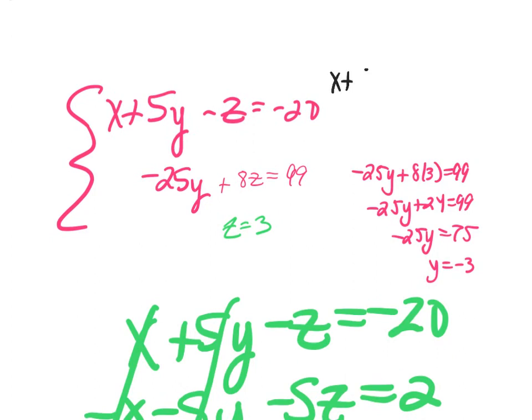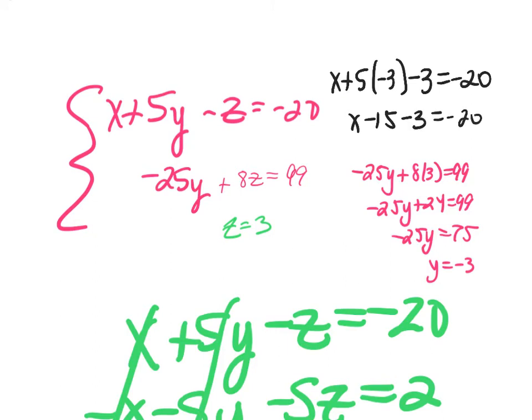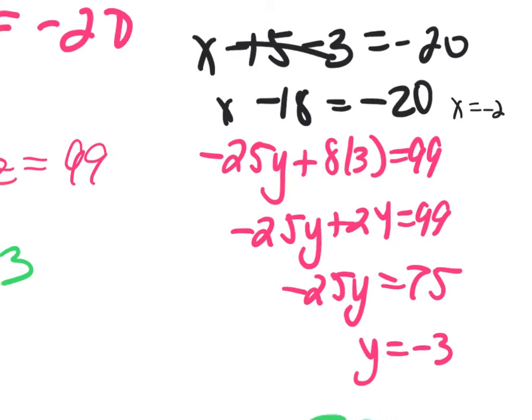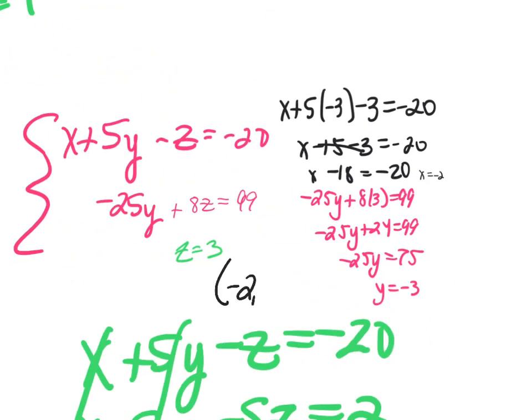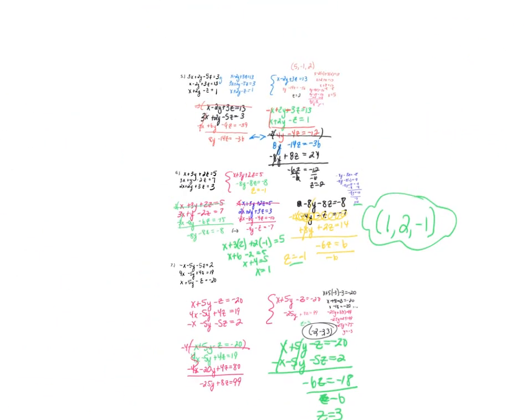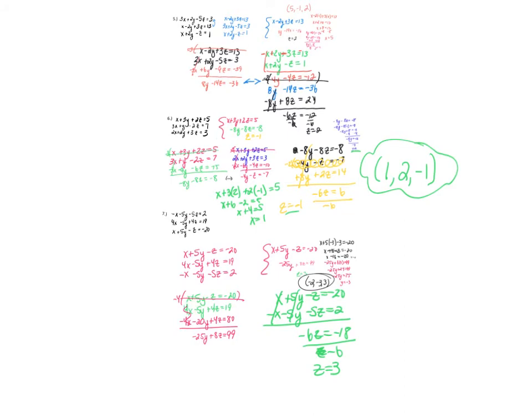So x plus 5 times negative 3 minus 3 equals negative 20. So x minus 15 minus 3 equals negative 20. X minus 18 equals negative 20. So x equals negative 2. And to write our answer as an ordered triple, we have negative 2, comma, negative 3, comma, positive 3. And you can plug that in and check your answer.